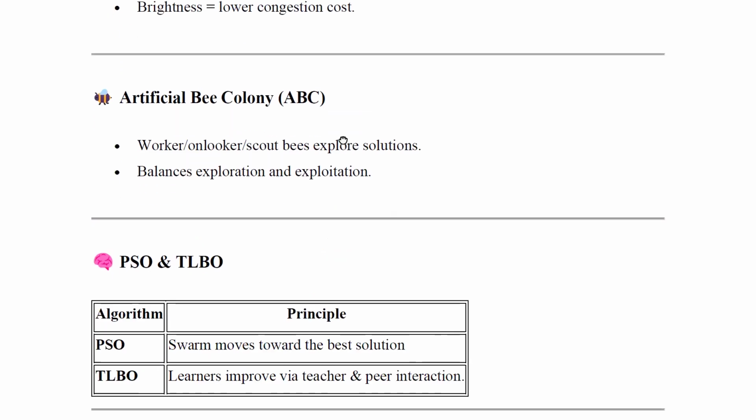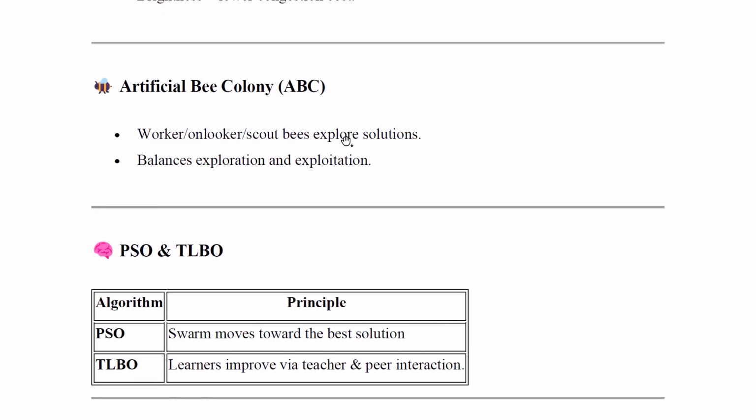Next comes the artificial bee colony algorithm. It works based on the waggle dance of the bees. Worker bees, onlooker bees and scout bees will be there, which explore the solution, and a queen bee will be there, which balances the exploration and exploitation of the problem.